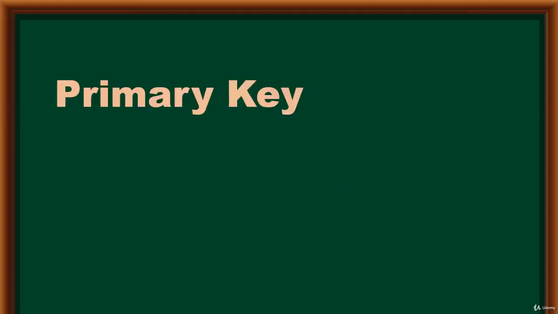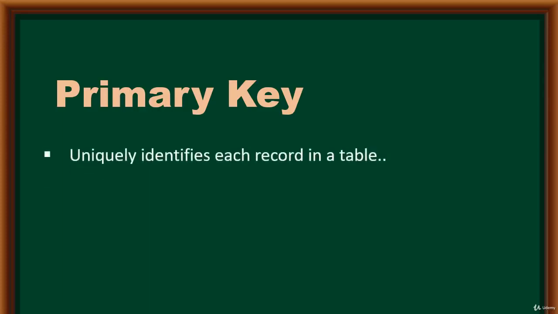Next, I'm going to introduce you to the concept of a primary key. A primary key basically is used to uniquely identify each record in a database. Most primary keys must contain unique values. That means a primary key cannot contain a null value.